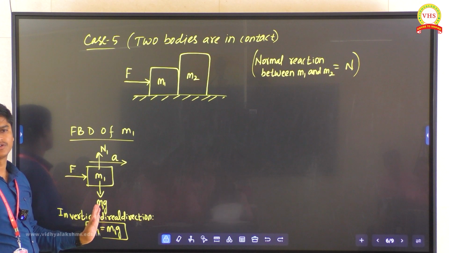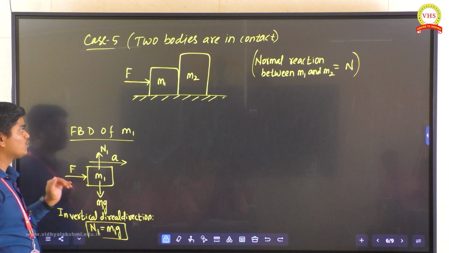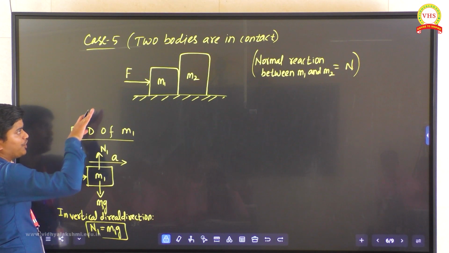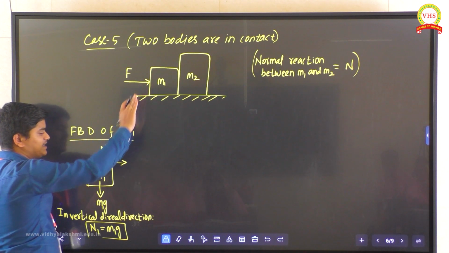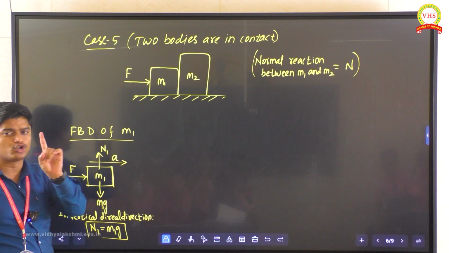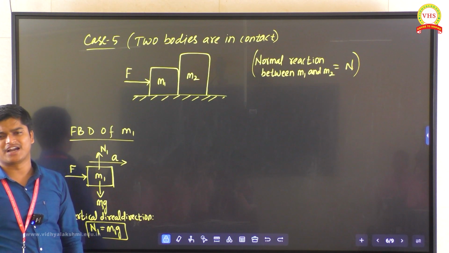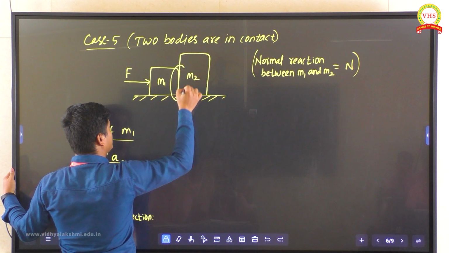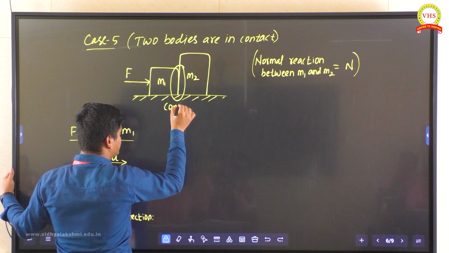In the vertical direction, no motion. But in the horizontal direction, motion is there. You have given a force like this. Now on this side, one force will be acting. Can you say what that force is? This is a contact surface.